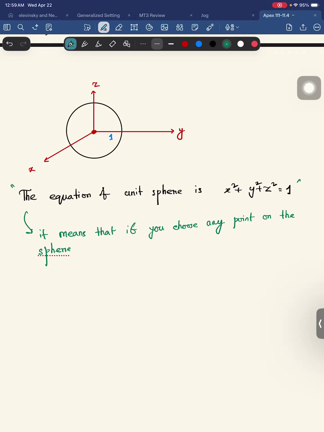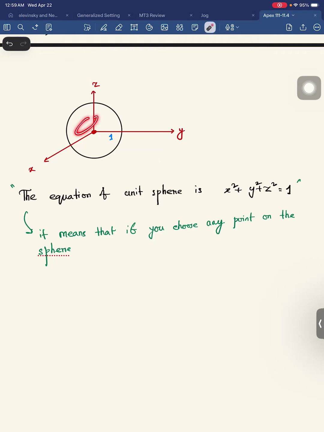by the way, we are calling it a sphere, but it is actually a spherical shell, the outer surface. It is entirely hollow, so there is nothing inside. It's not a solid sphere. A solid sphere would have the equation x squared plus y squared plus z squared less than or equal to 1. But this is equal to 1, meaning we are just considering a hollow sphere. Just like when you talk about a circle in the 2D plane, it is not a dense disk.